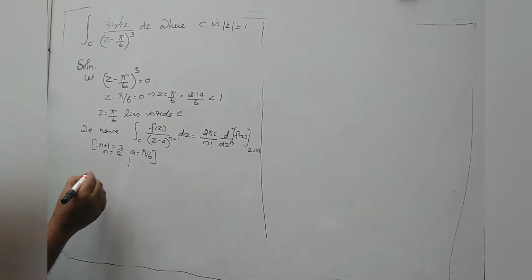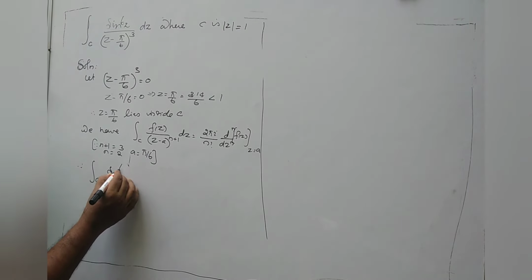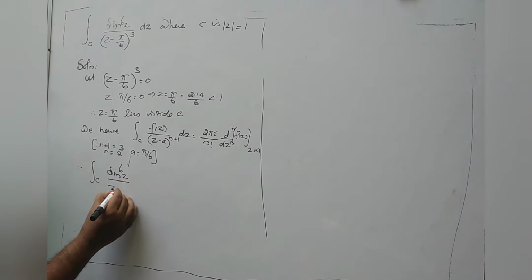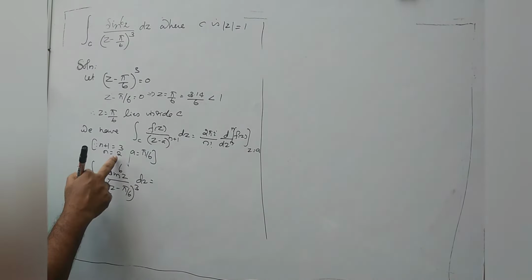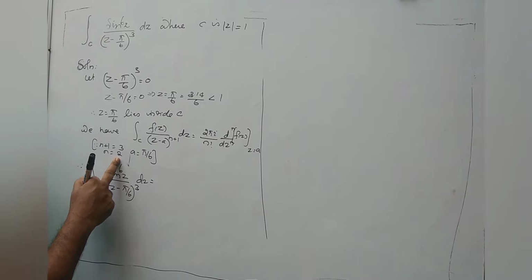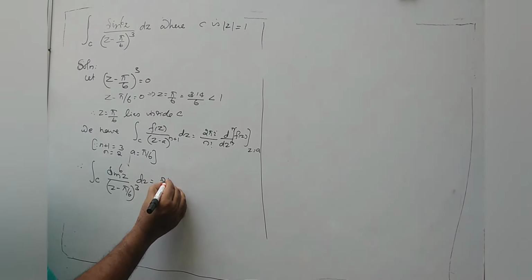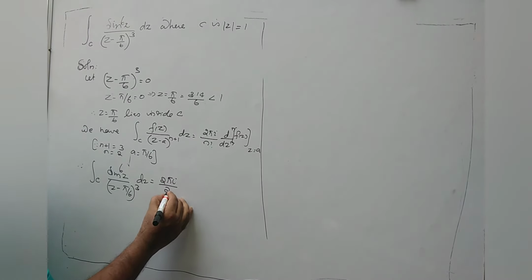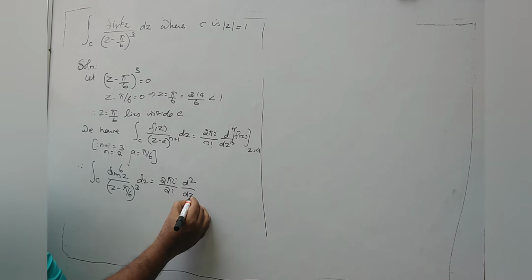So substitute in this formula. Therefore, the integral over c of sin raised to 6z divided by (z minus pi by 6) whole power 3 dz is equal to, our values are n is equal to 2 and a is equal to pi by 6, that is 2 pi i by 2 factorial into d square by dz square of f of z.